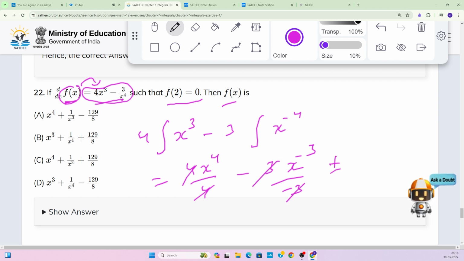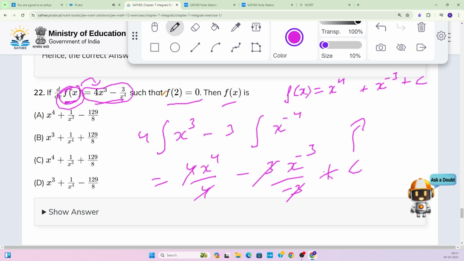You must add some constant, always add some constant after integration. You will have, after simplifying, x power 4 plus x power minus 3 plus c. This will be your what? Antiderivative for this. Now this means this will be your fx. Yes, after differentiating this you will get this.